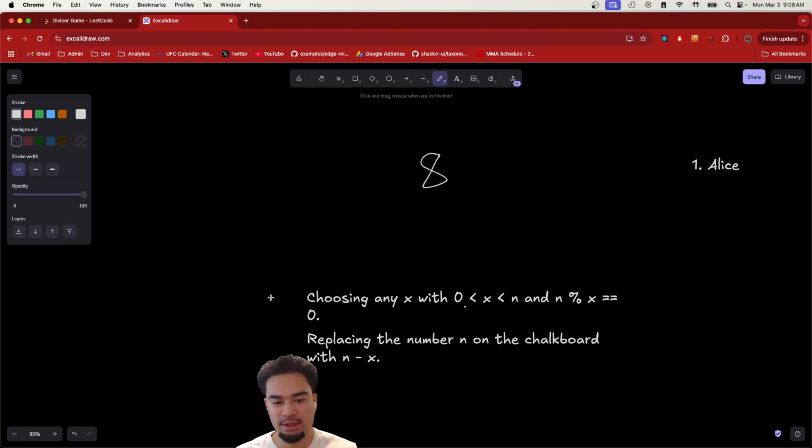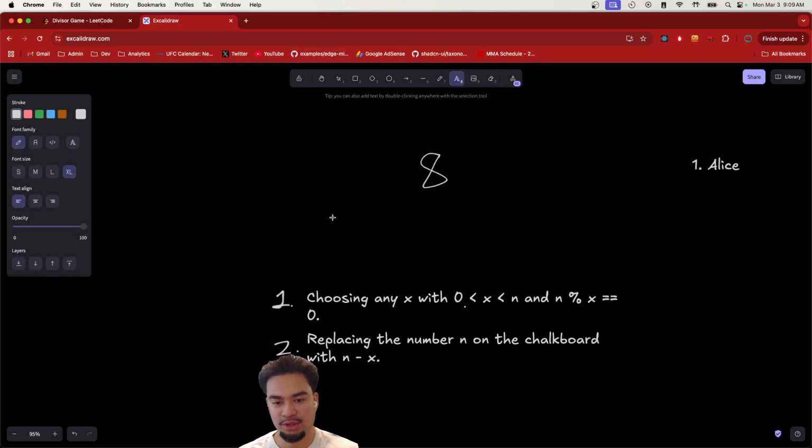First they need to choose any number x between 0 and 8, and the number they choose needs to divide 8 evenly. Then once they pick a number, they replace the number n on the chalkboard with n minus x, so they subtract the number they chose from the current number.